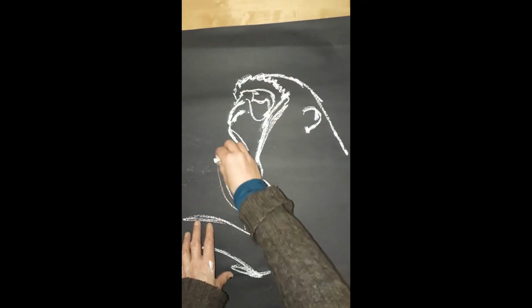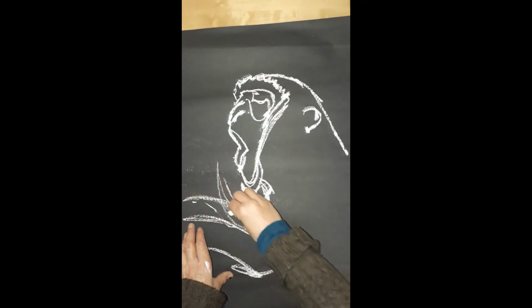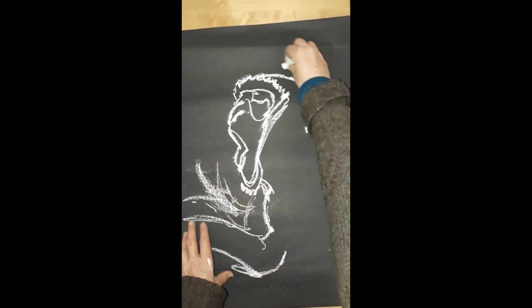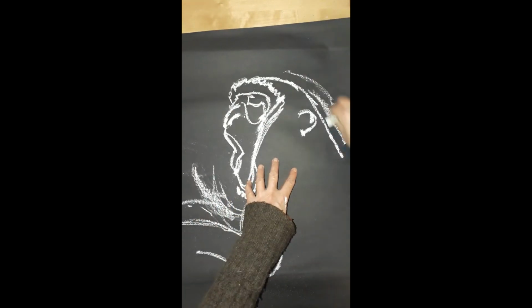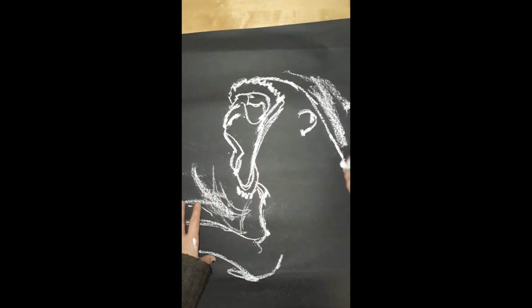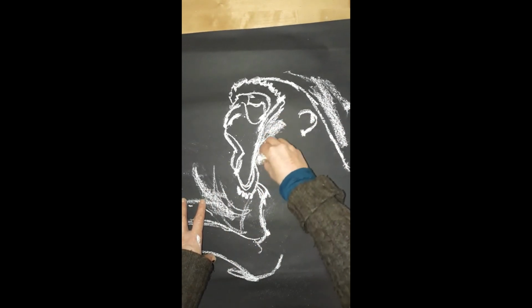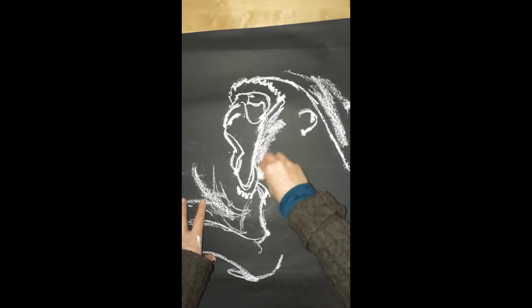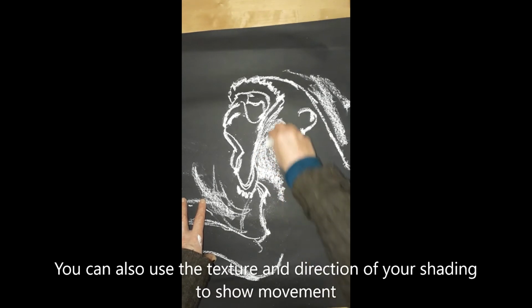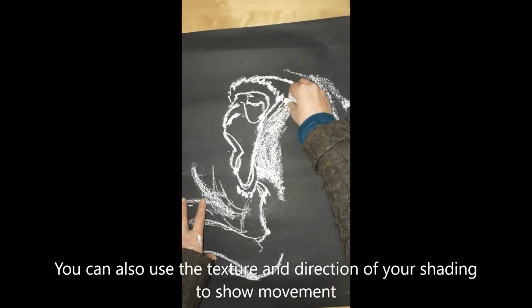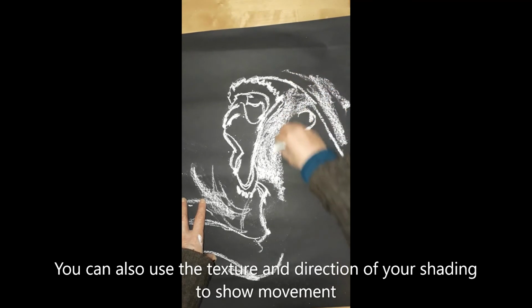You can also use a few lines in the background, and that will give the animal a little bit of movement. I'm going to use a bit of white to suggest shadow. So I'm working in opposite tonal value, going over there.